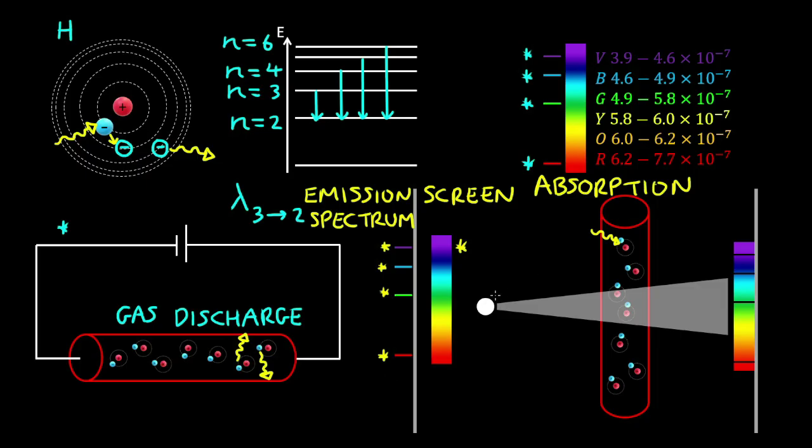So therefore in this case, we see a continuous spectrum with dark spots corresponding to the wavelengths of light that were absorbed by the hydrogen atoms. So again, the absorption spectrum is continuous with dark spots, whereas the emission spectrum is discrete. And as we've seen, energy level diagrams are commonly used to visually represent the energy states of an atom.